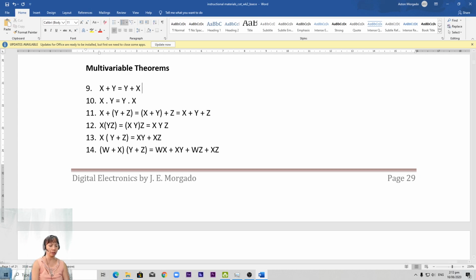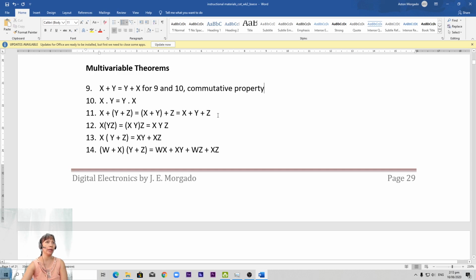For 9, x plus y is equal to y plus x, so you can interchange the position of x and y. Same with number 10, x times y is the same as y times x. So what do you call that algebraic property? You remember your algebra. We call it commutative property, for 9 and 10.